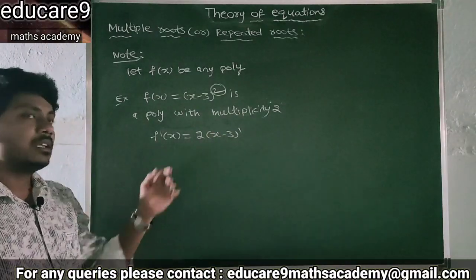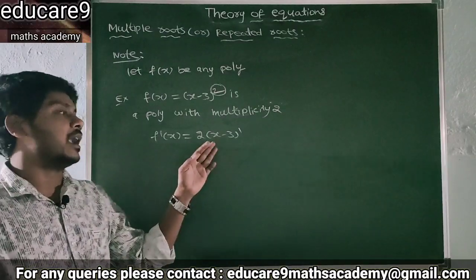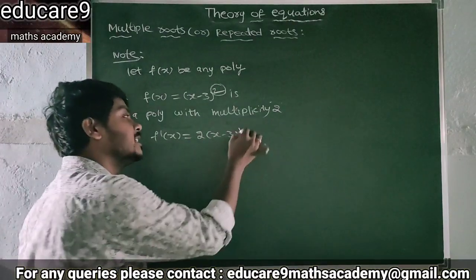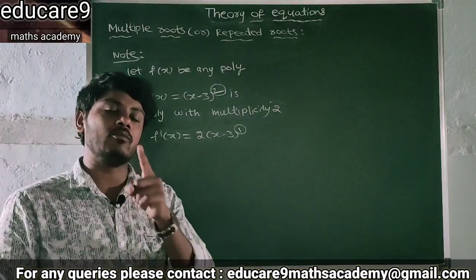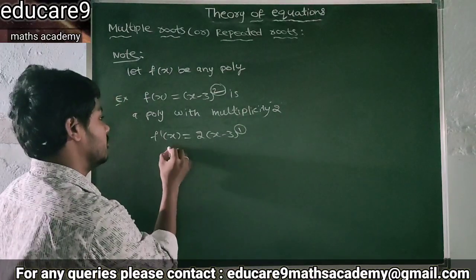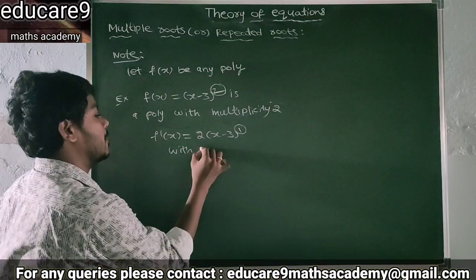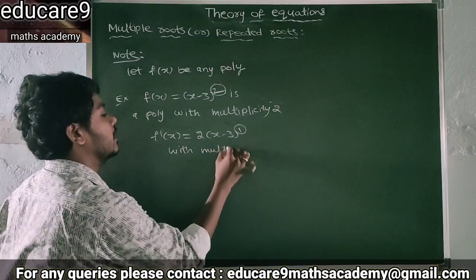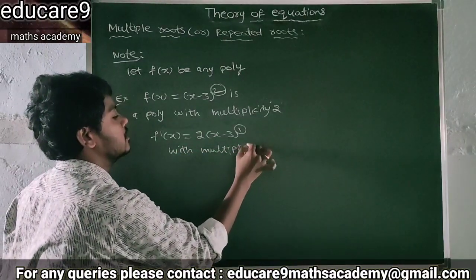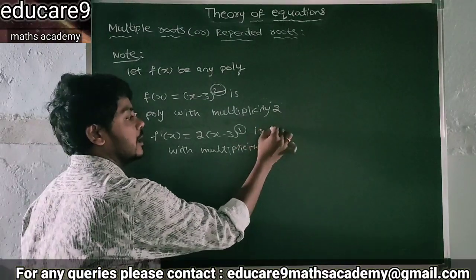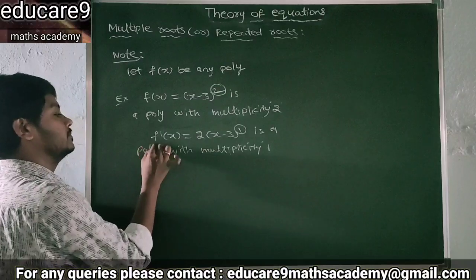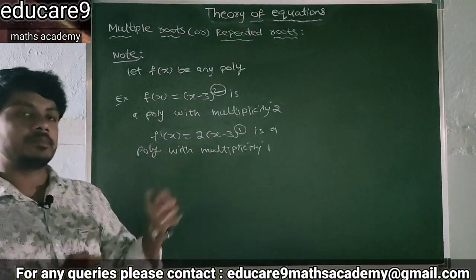Now clearly f dash of x is a polynomial with multiplicity 1, because 3 is repeated one time.